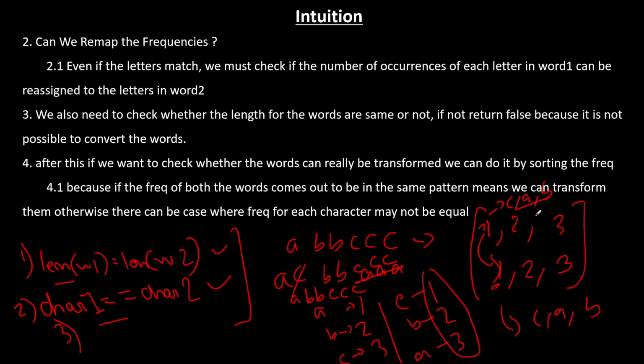So from here we can check. We need sorting to check whether the counts are in a consecutive increasing format, or whether the counts are similar for word 1 and word 2 for particular frequencies. So it makes it clear that we can swap the characters and convert word 1 to word 2, and vice versa.